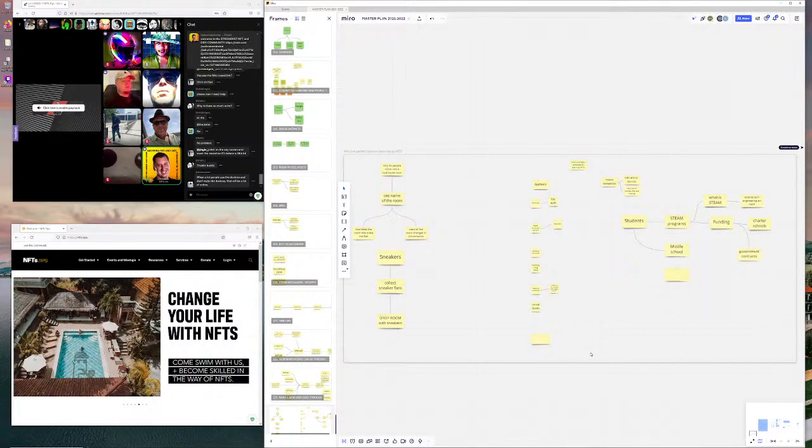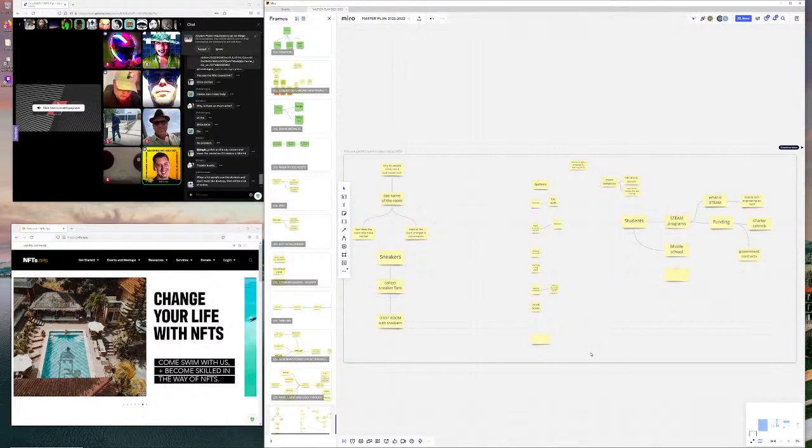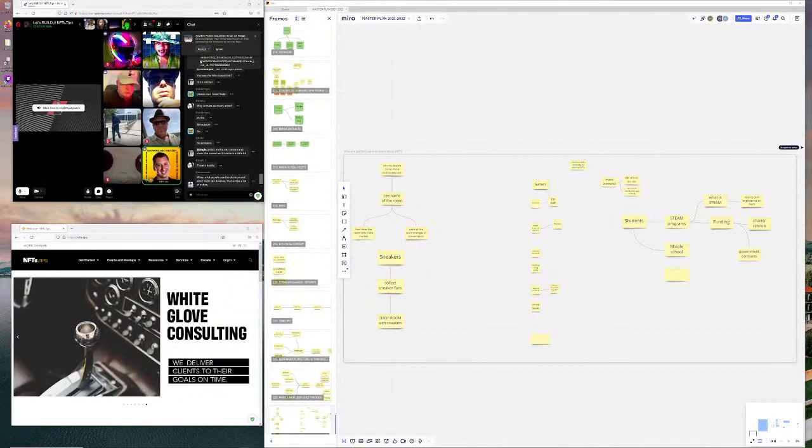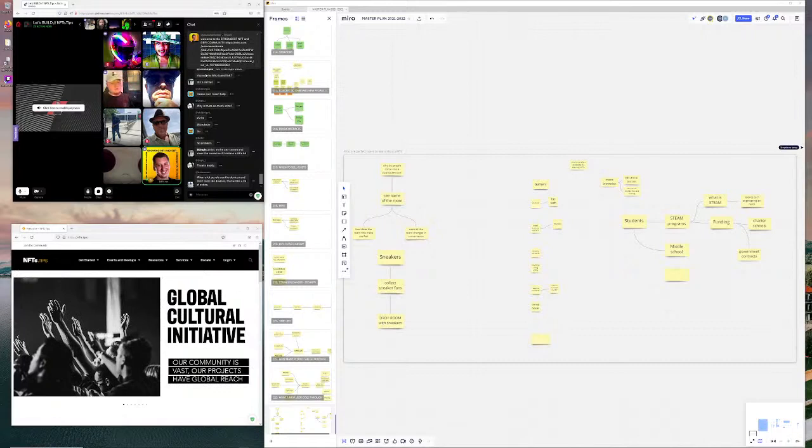Instead of rambling on about projects that have no relevance to them, what could we do to look at it from their point of view and say, hey, this is why I need an NFT? What is that reason?